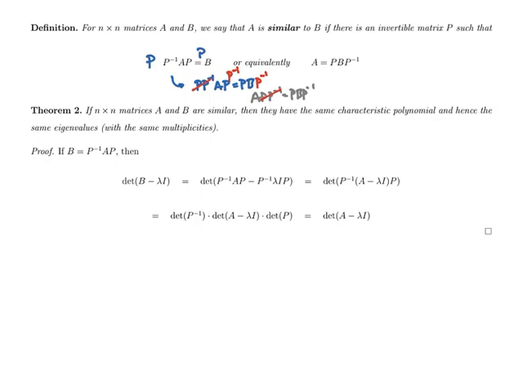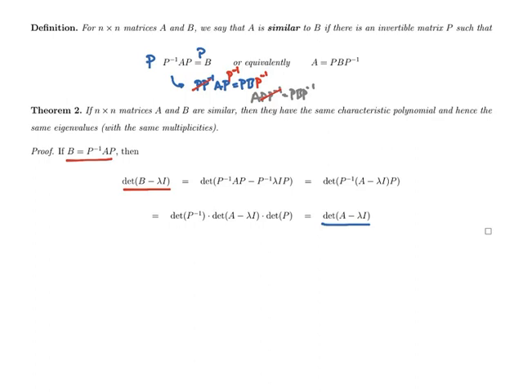If B is equal to P inverse AP, then I want to show that the determinant of B minus lambda I, that's the characteristic polynomial of B, is equal to the determinant of A minus lambda I, that's the characteristic polynomial of A. And if those two things are the same, then A and B have the same eigenvalues with the same multiplicities.